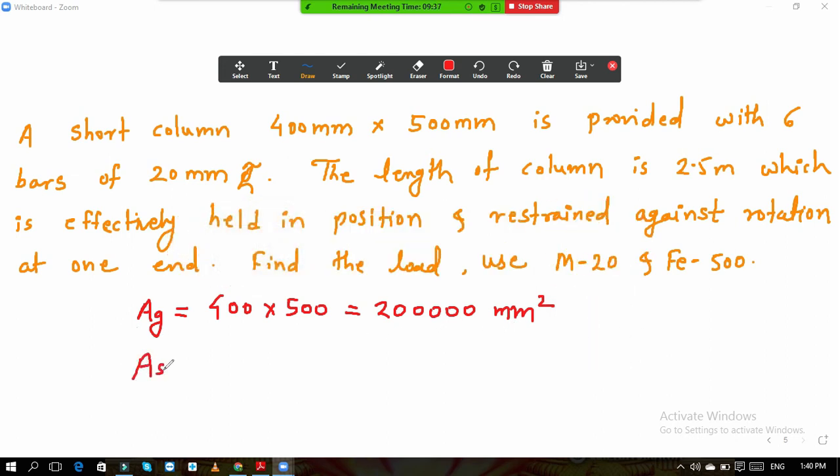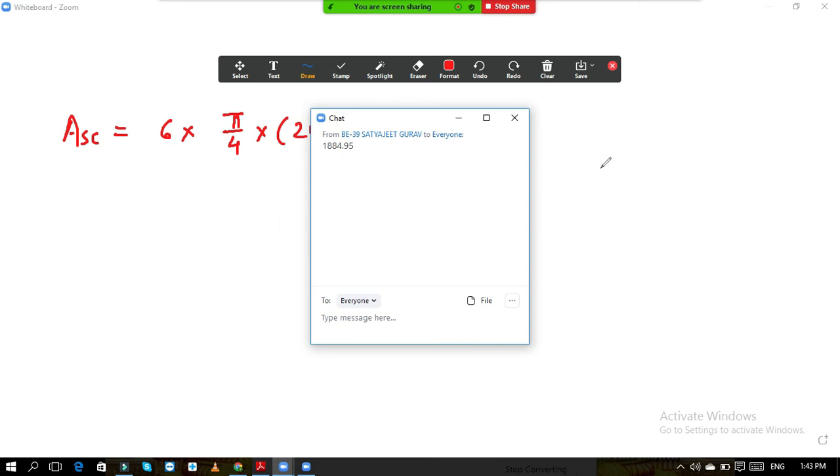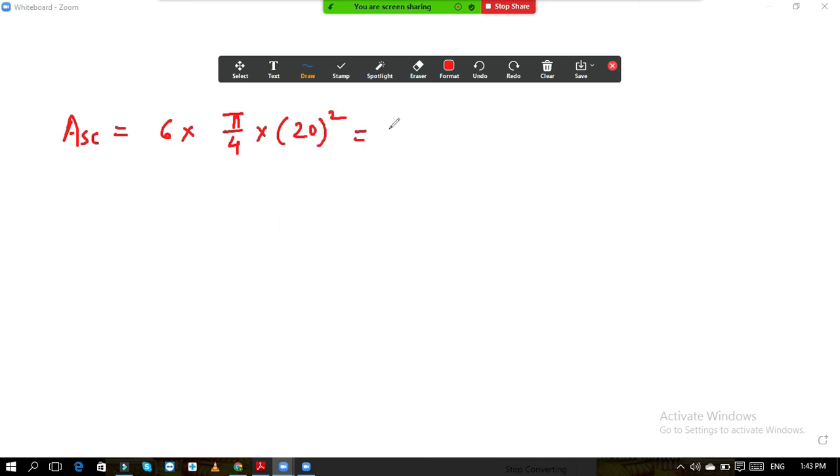Then reinforcement in column, area of steel: 6 bars are there, each bar having diameter 20 mm, so 6 into pi by 4 into 20 square. The answer is 1884.95 mm square.